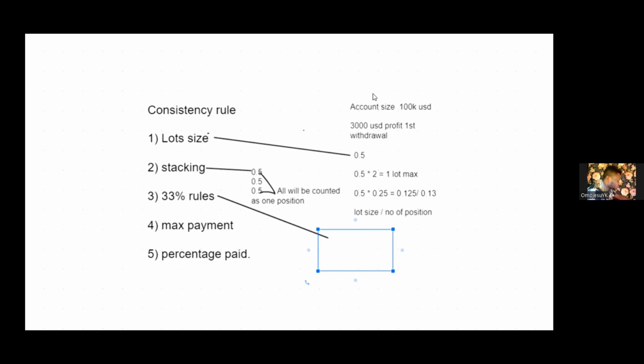If your lot size is 0.5 and your maximum profit target is $3,000, and you make a profit of $1,500, they will not pay you. They will remove this order.